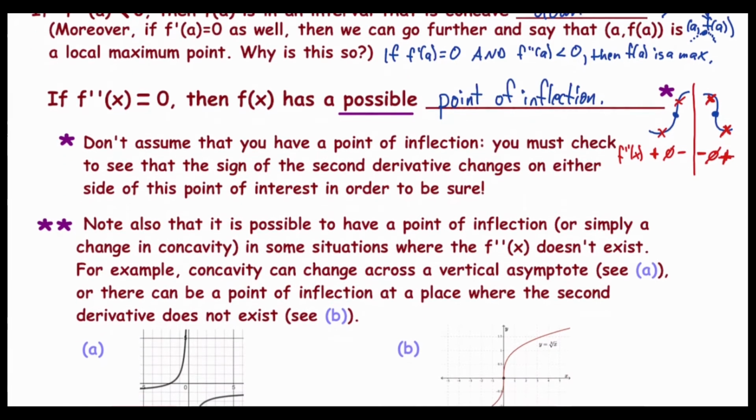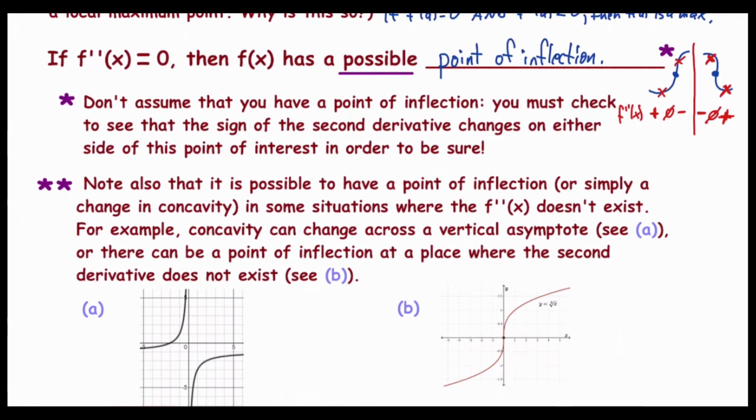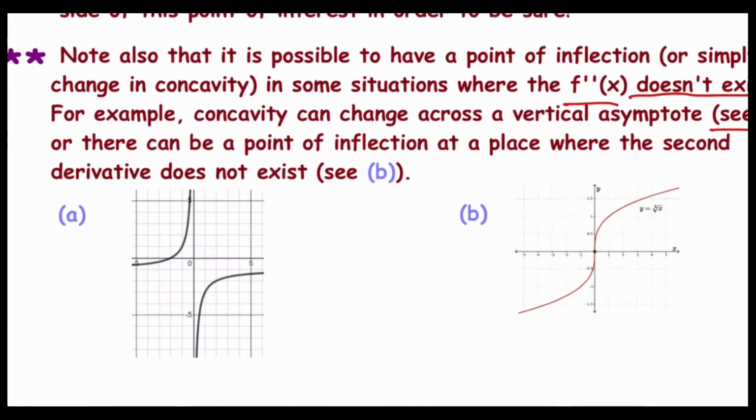Note also that it is possible to have a point of inflection, or simply a change in concavity, in some situations where f double prime of x doesn't exist. For example, concavity can change across a vertical asymptote, case A. So let's take a look at A for a moment.